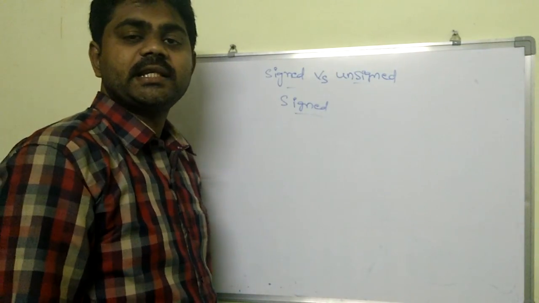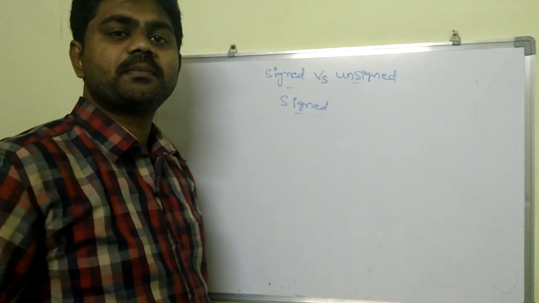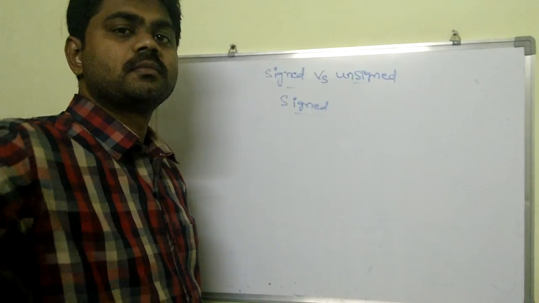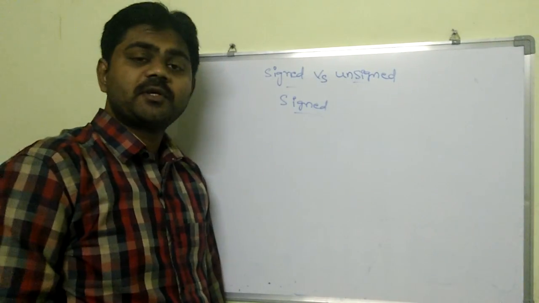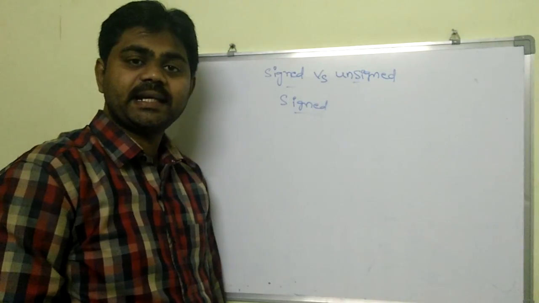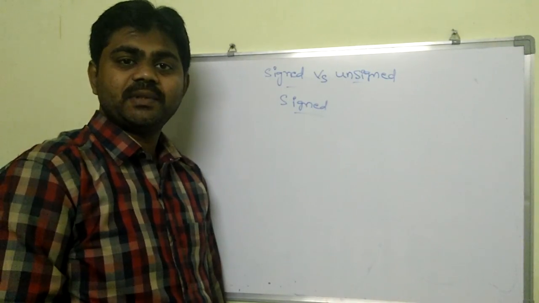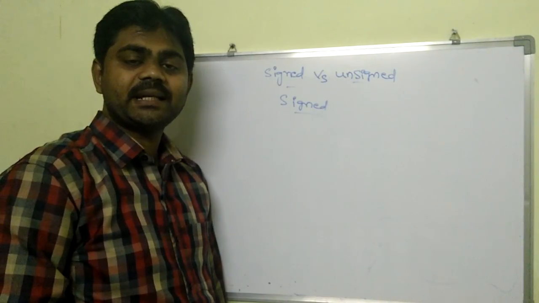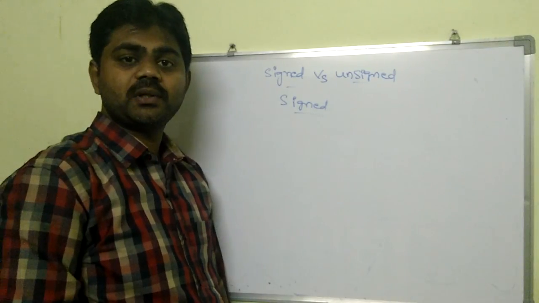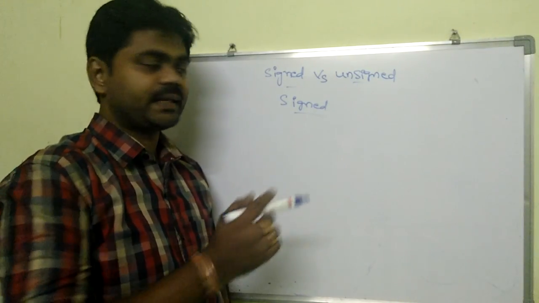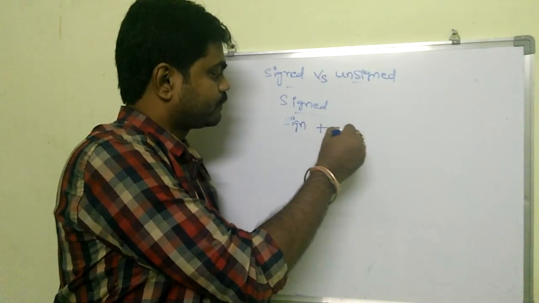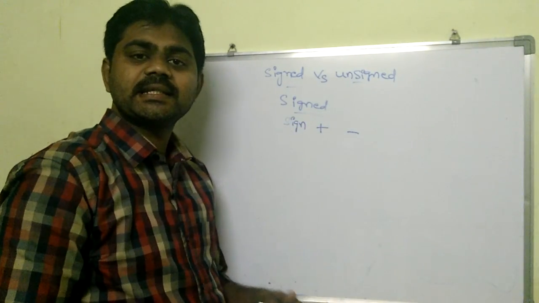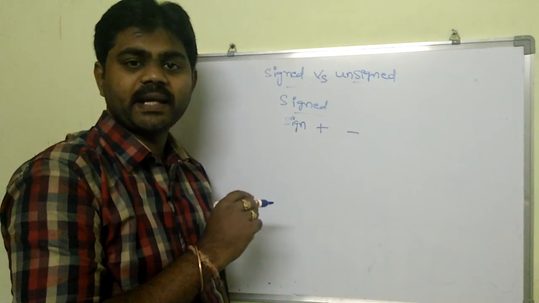Now we will see the difference between signed versus unsigned numbers. So what is a signed number? The only difference between a signed number and an unsigned number is that in a signed number, we should specify the sign, either plus or minus.